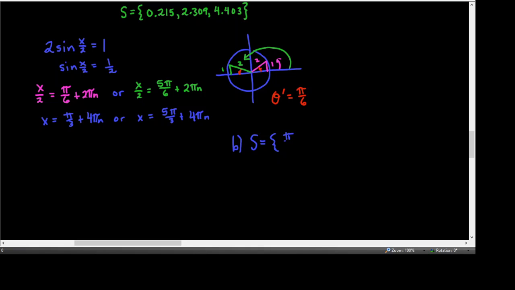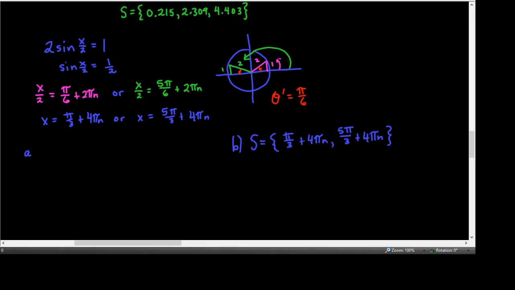So pi over 3 plus 4 pi n and 5 pi over 3 plus 4 pi n. And normally we would probably see someone write comma where n is any integer, but remember I said we're going to make that assumption that it is, and we can stop right there.